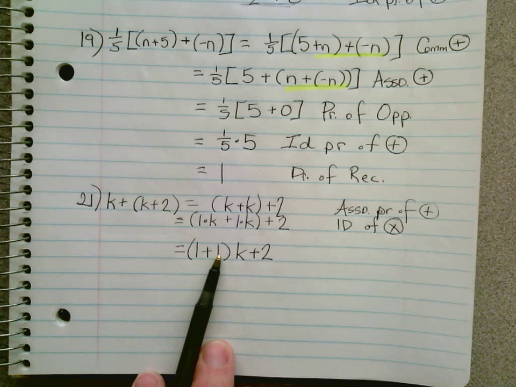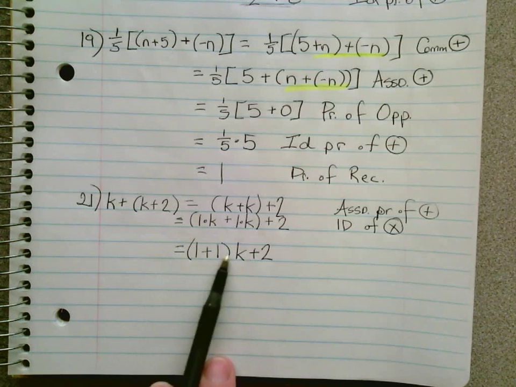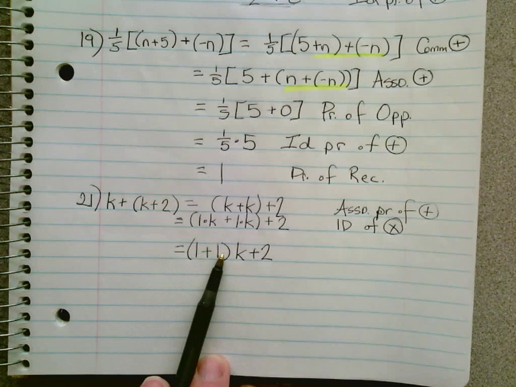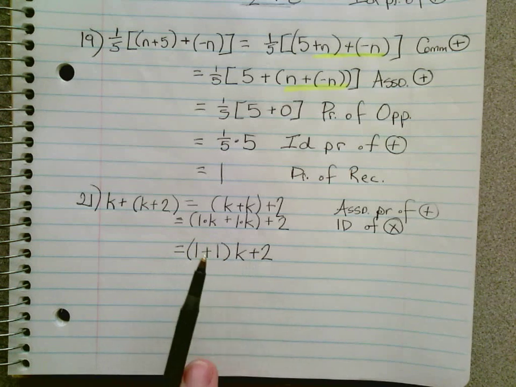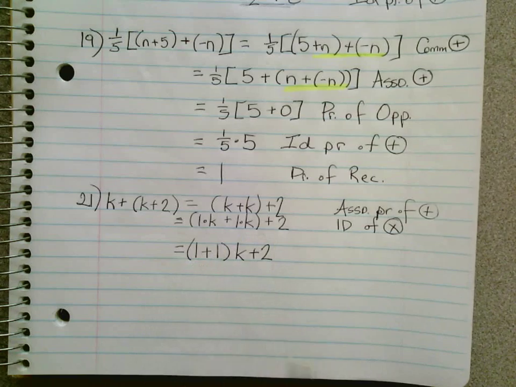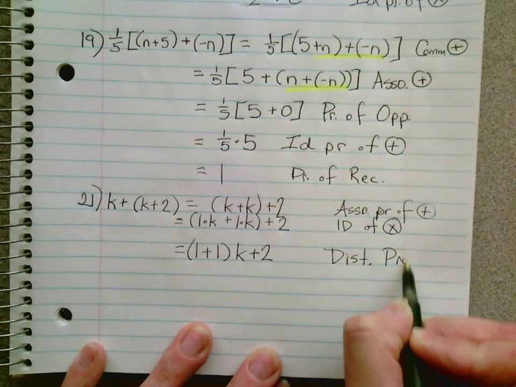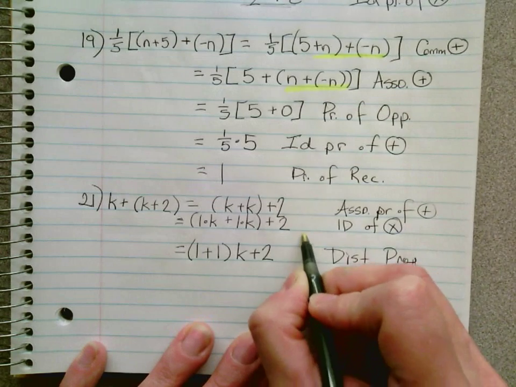So in your mind know that, yes, I associated them, but the end result was the grouping of these two numbers, and the pulling out for the sake of the multiplication led us to the distributive property.